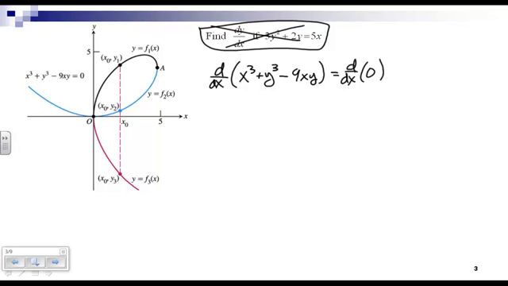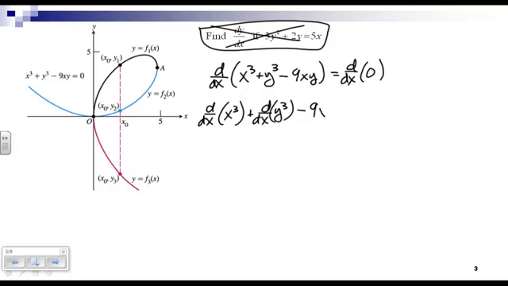Overarching rule, please. Sum. My reaction then is d/dx of x cubed plus d/dx of y cubed. And can I combine the sum and the constant multiplier rule?